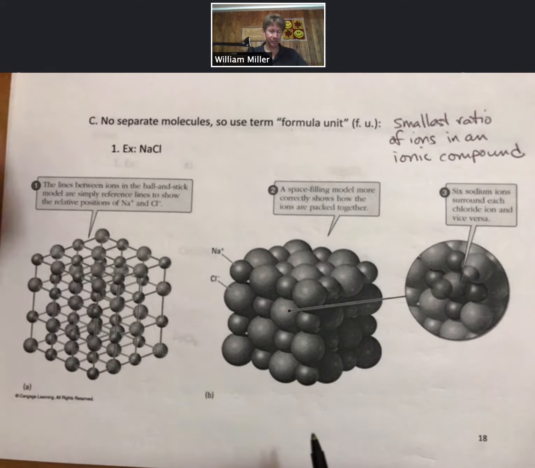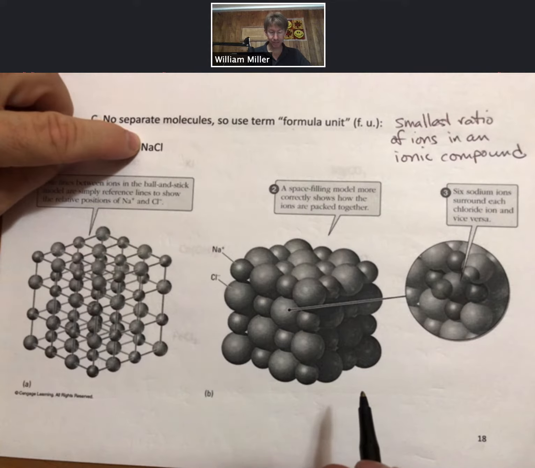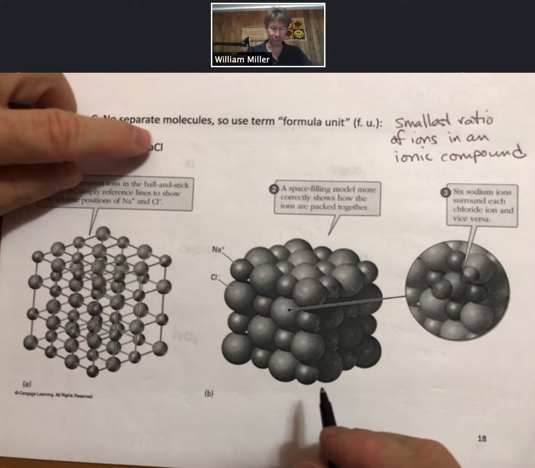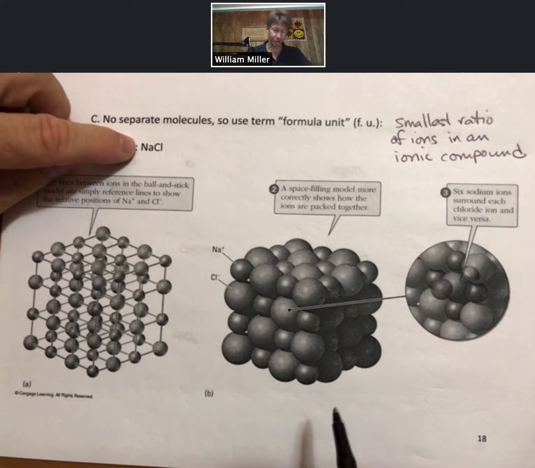For example, when you think sodium chloride, this is the formula unit, and you can still call it a compound because it's got more than one element, but it is a formula unit for sodium chloride.